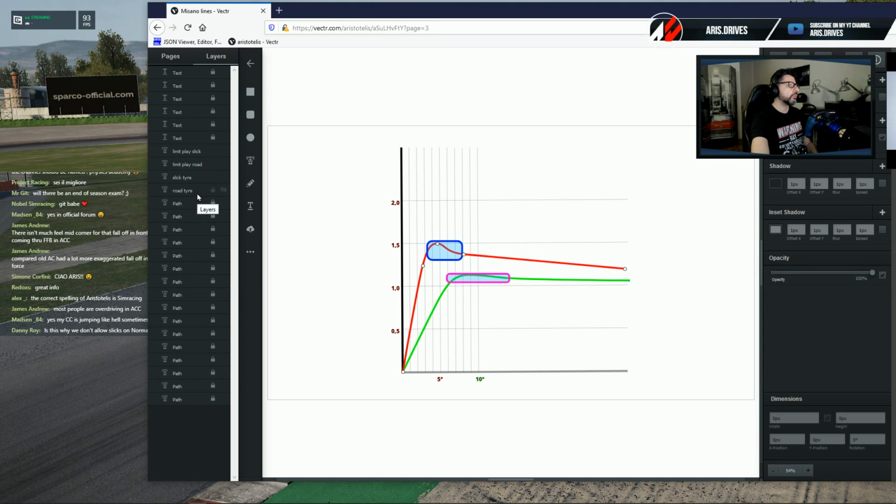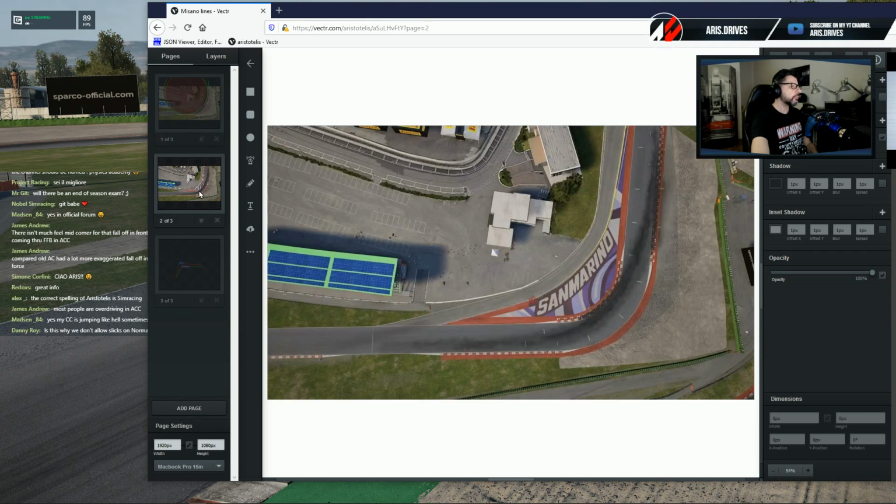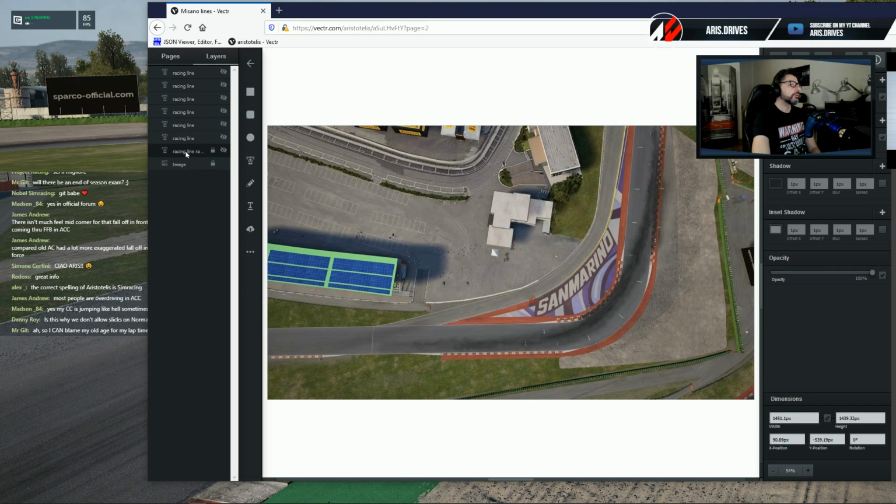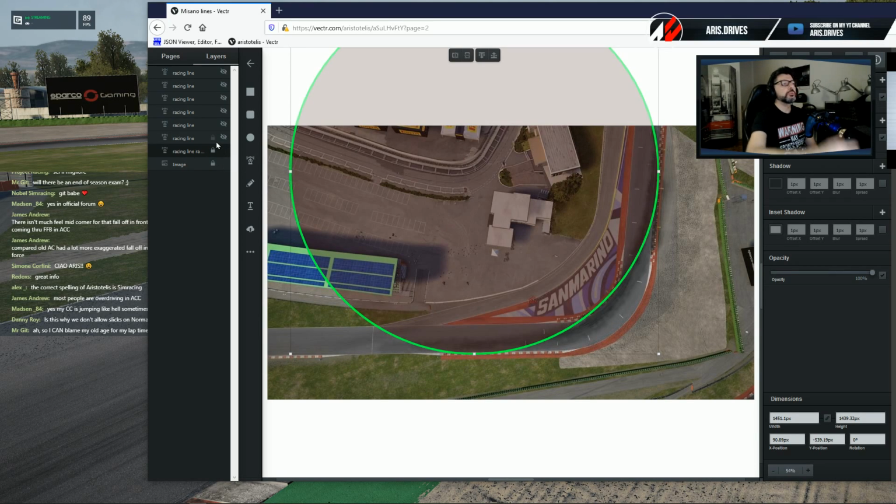So what do we do? Let's go back to this particular turn. It's almost a 90 degrees turn. It's very simple, no big deal here. As you know, we have to do the widest radius line possible for this turn.